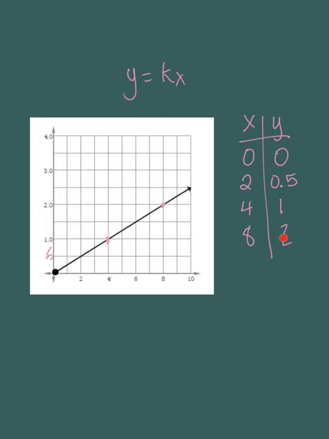I am dividing by 4, but what's a way to say I'm multiplying if I'm dividing by 4? Dividing is the same thing as multiplying by your reciprocal. So I'm actually multiplying by 1/4. So that will be my equation. That's going to help me get that equation of y equals 1/4 x.